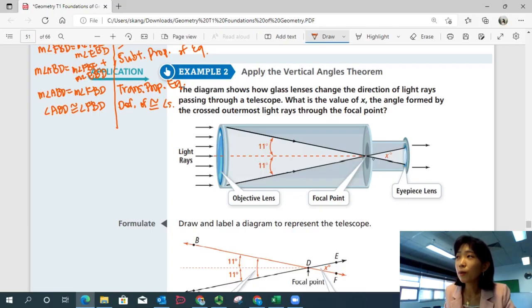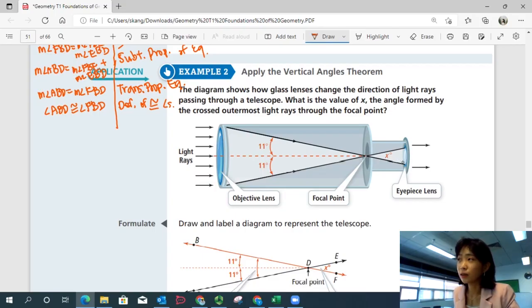We see a focal point, and the light rays are going to go perpendicular through this lens, and it's going to bisect the angle from the focal point to the objective lens. You see that? 11 degrees. And we have the eyepiece lens on the other side.